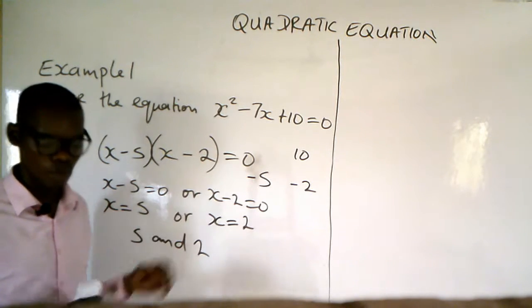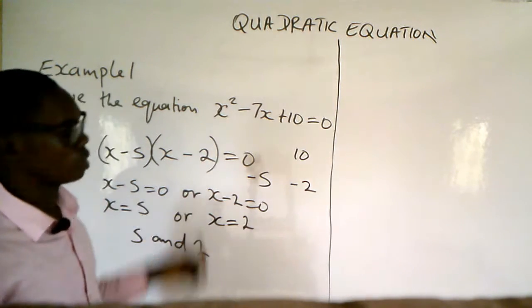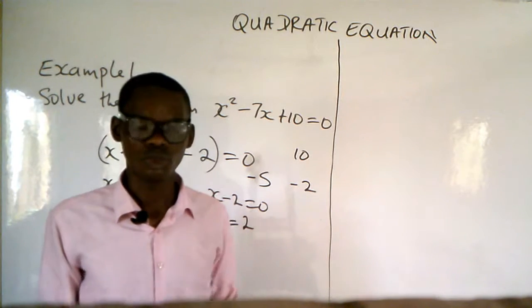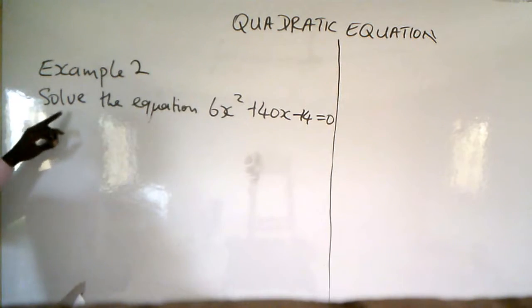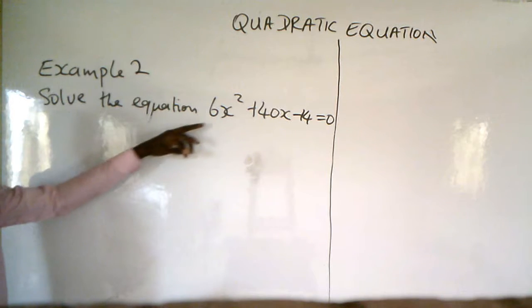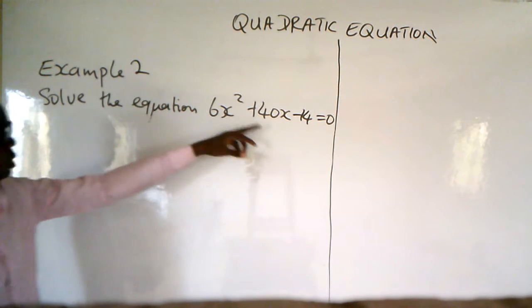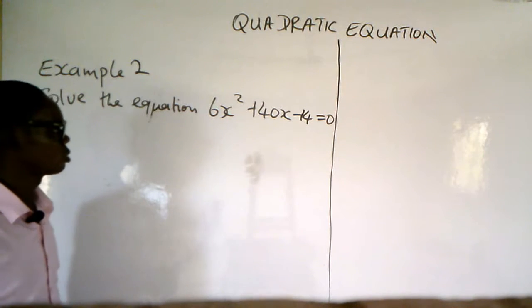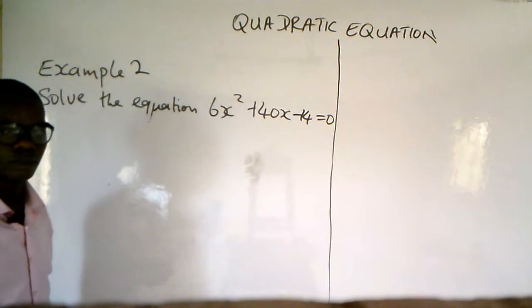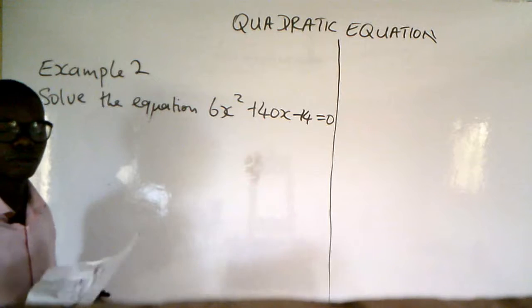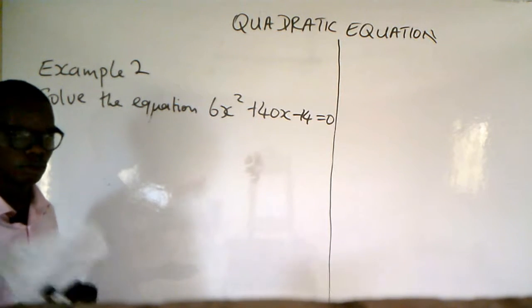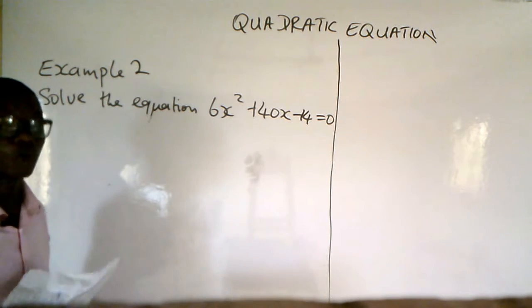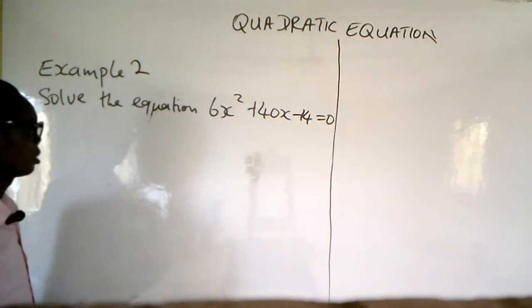That is what we are going to be looking at in example 2. Solve the equation 6x squared plus 40x minus 14 equals 0. This equation looks a little bit complex, but don't worry, it's not as complex as you think.